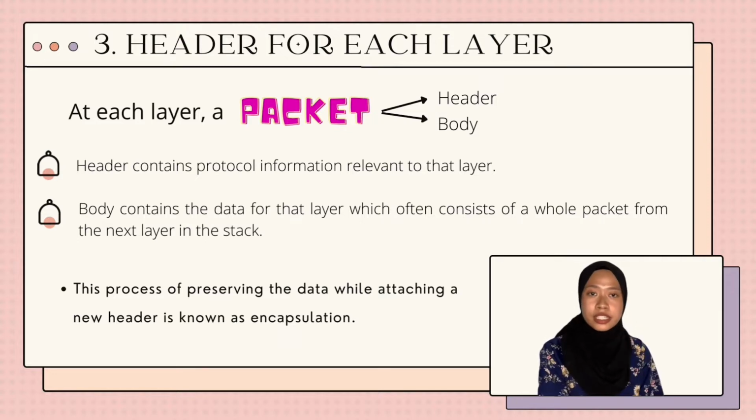Each layer treats the information it gets from the layer above it as data and applies its own header to this data. At each layer, the packet contains all of the information passed from the higher level and nothing is lost. This process of preserving the data while attaching a new header is known as encapsulation.